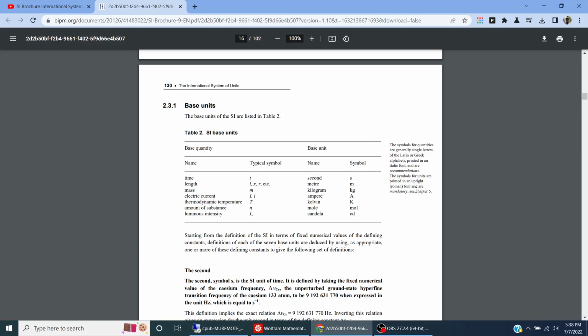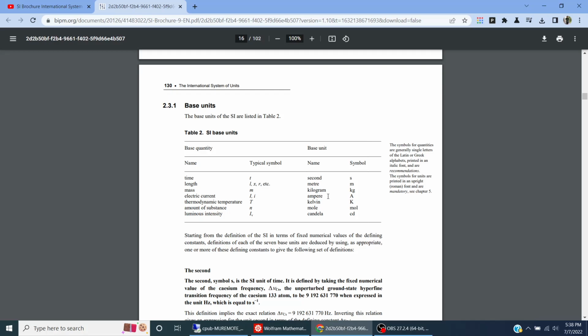See Chapter 5. Length, typical symbol l, x, r, etc. Meter, symbol m. Mass, typical symbol m. Kilogram, symbol kg. Electric current, base quantity, typical symbol I, uppercase or lowercase.